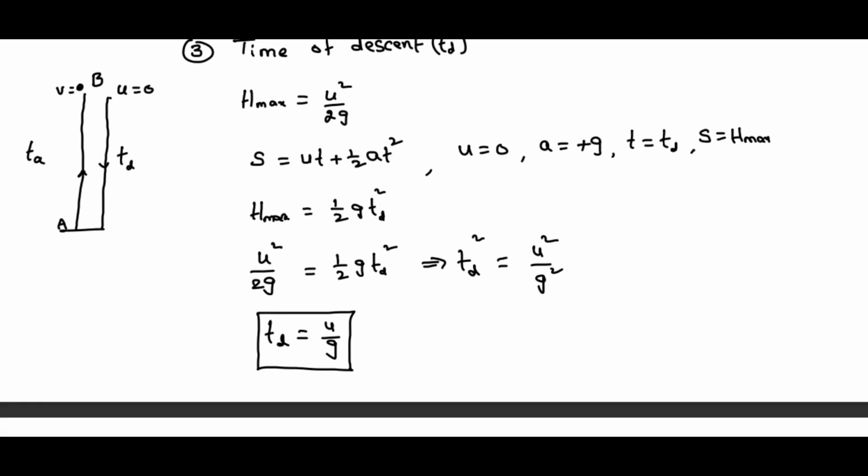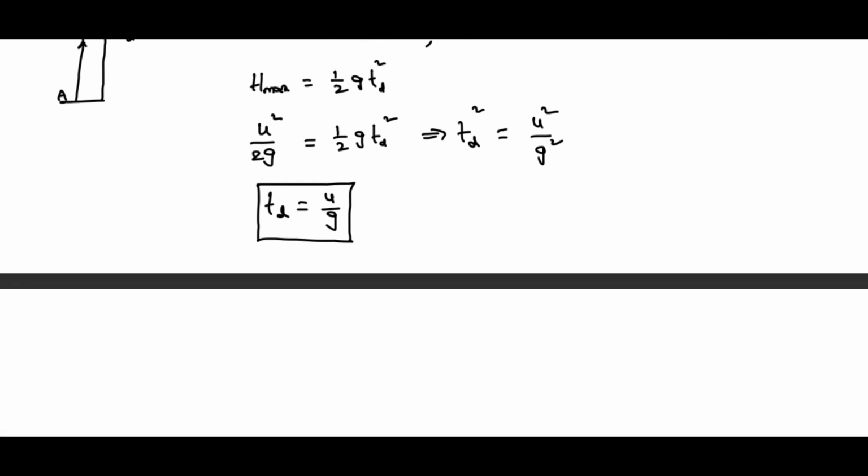But be clear here, we are ignoring air resistance. So in the absence of air resistance, in the absence of air drag, time of ascent is equal to time of descent is equal to u by g.